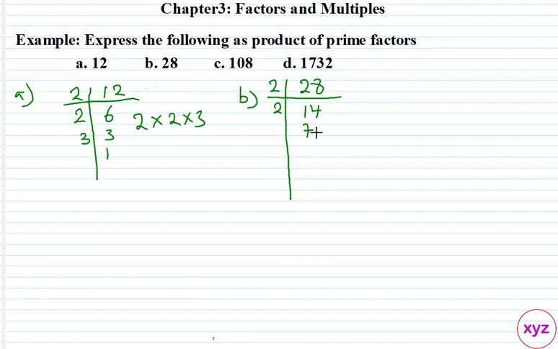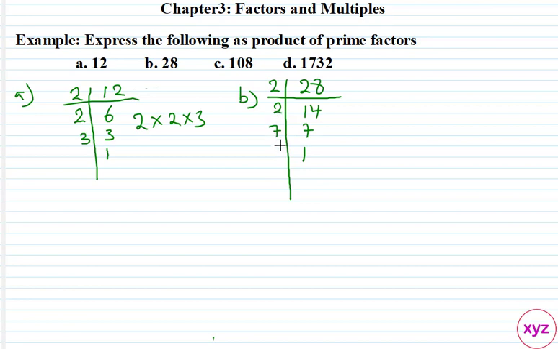What is the lowest prime number that can go into 7? 2 can go, but there will be a remainder. 3 can go, but there will be a remainder. 5 can go, but there will be a remainder. 7, the next prime number, can go without any remainder. So I'll write my 7 here, and then 7 into 7 is 1.